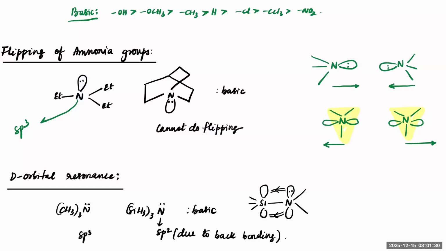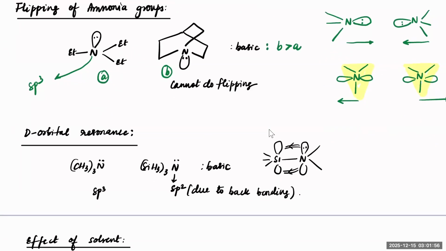So it is available, but not as good availability as when it is in a cyclic structure, because in a cyclic structure, no flipping takes place. Okay, because it is restricted already, it cannot become planar suddenly. So because it cannot become planar suddenly, it would have no flipping nature. Hence, if I compare this as A and B, basic nature B is greater than A. This is the flipping form.